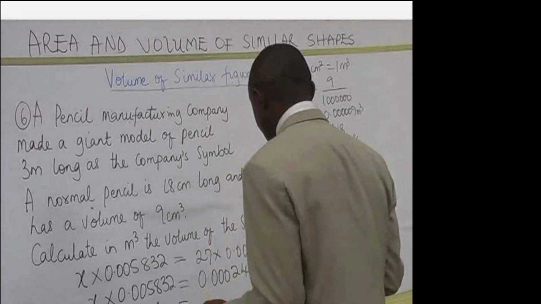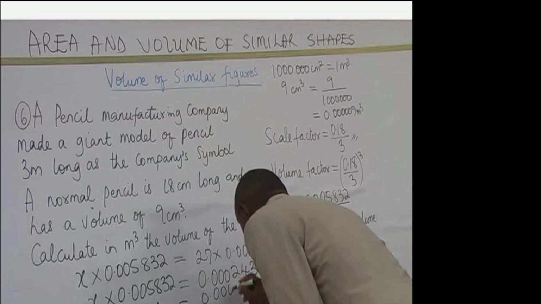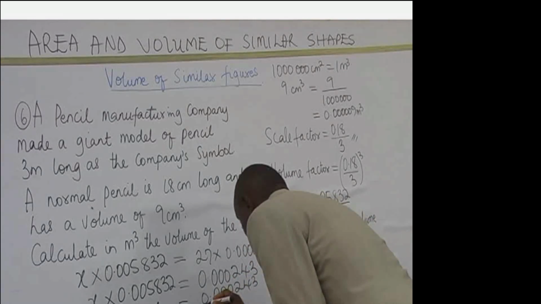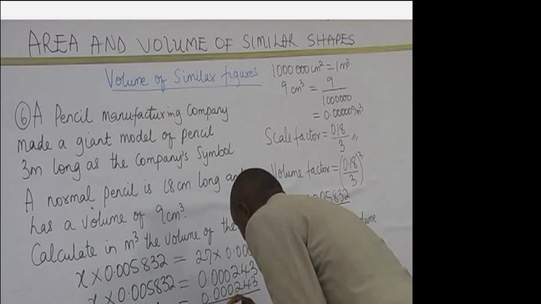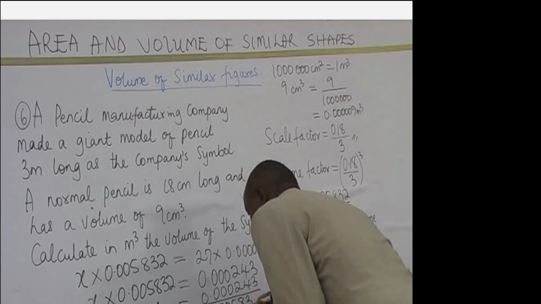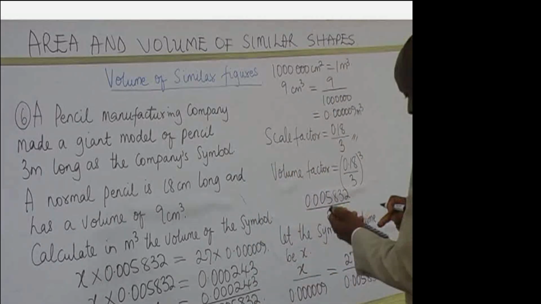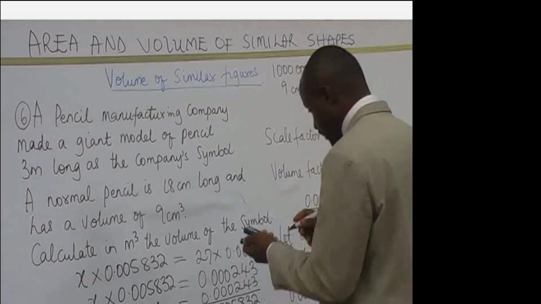And on the right hand side, we are going to have 0.000243 divided by 0.005832. Whatever we get now is the final answer to x.